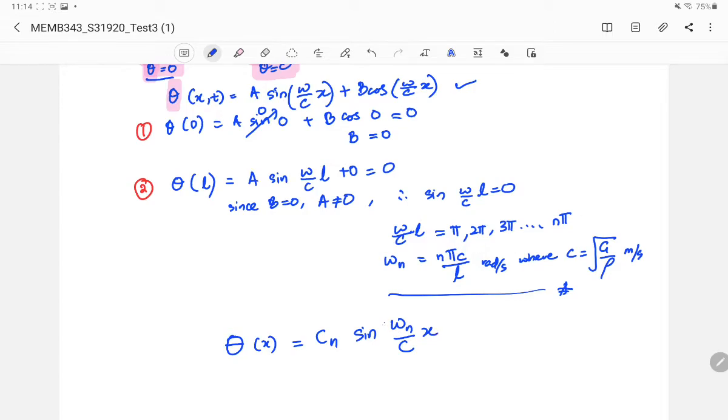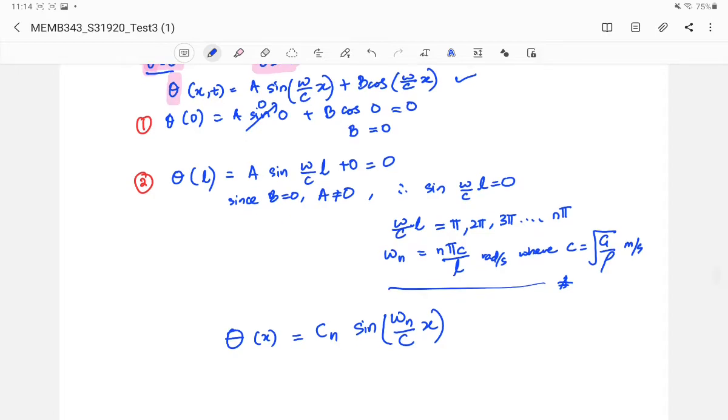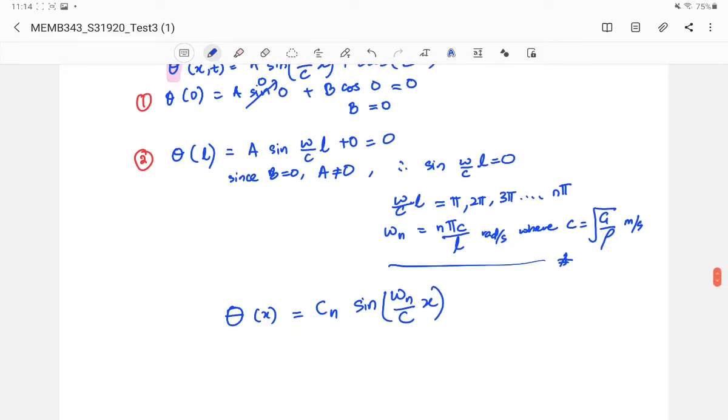So that's how you do it. You just take the expression for the A term, because b is equal to 0. Instead of A, you put just any constant for the mode shape. Then you substitute your omega n here, so you put n pi c over L, and then you times again by c, then x.